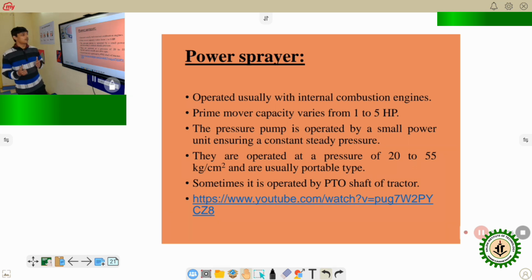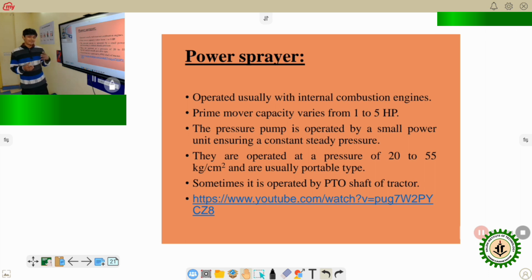Now come to the power sprayer. The range of pressure generally used is 20 to 55 kg per centimeter square, and this is a huge pressure. We can cover a large area by using the power sprayer, and generally to operate this power sprayer we use 1 to 5 HP per hectare.